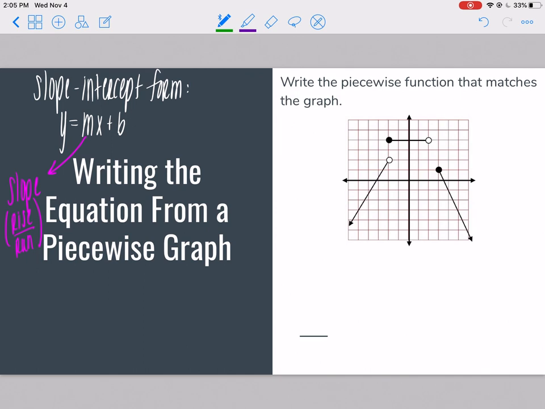Okay, and b is the y-intercept, and where it crosses that y-axis. So you're going to need this just so that you guys can figure out what these equations are.